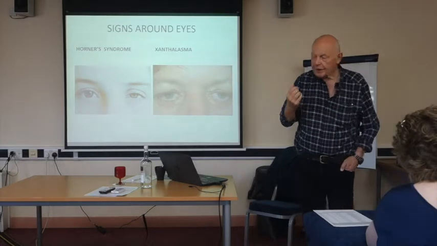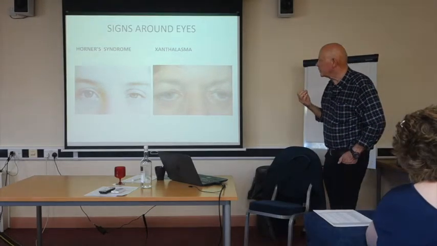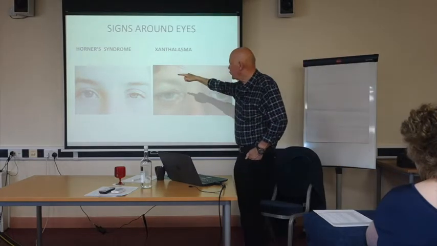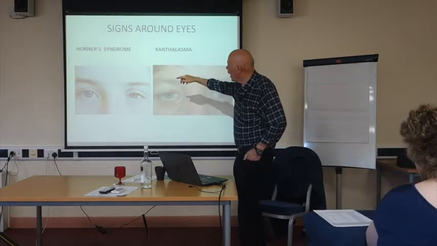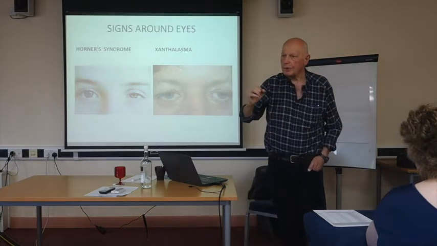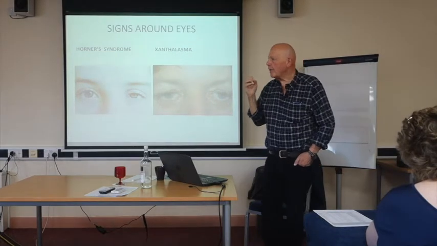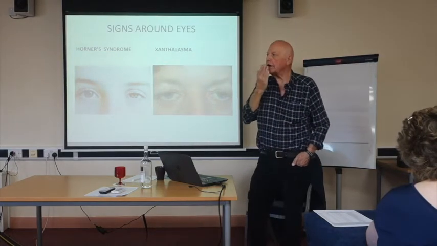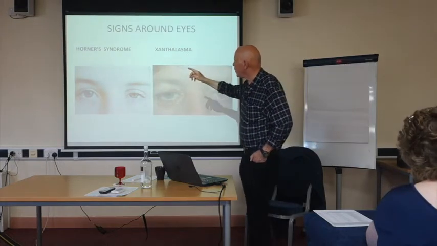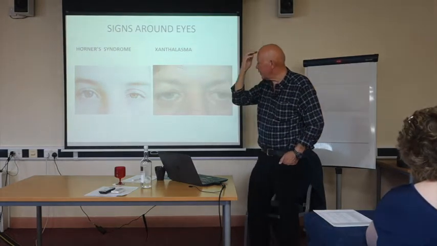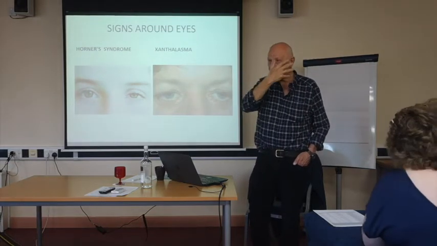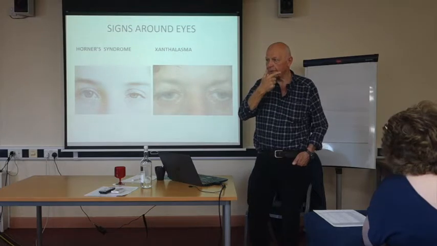And that's one of the signs of Horner's syndrome, where you get a droopy eyelid and you get a constricted pupil. The eye might appear to be slightly sunken in, and the other part would be that that side of the head, in that case the left side of the head around here, would lack perspiration.